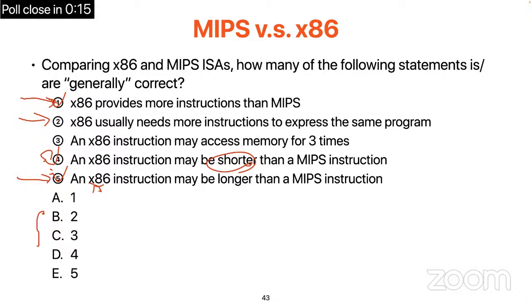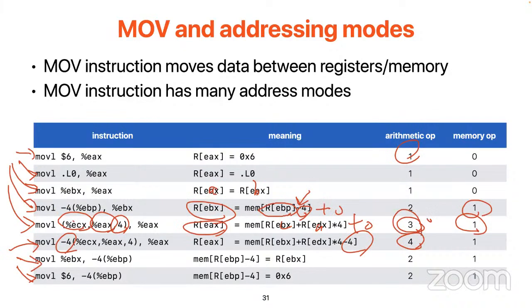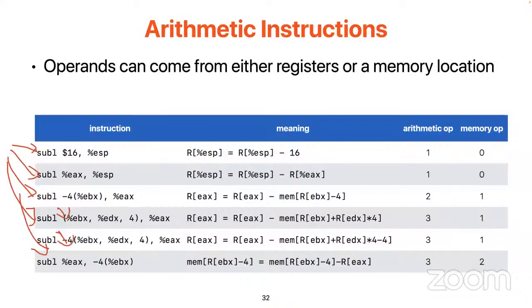Now, if you remember the table that I showed you in the very beginning, an x86 instruction can access memory 3 times? For the data memory, sorry, oops. An x86 instruction can access memory 3 times. And the answer is still yes. Here we have a subtraction instruction.